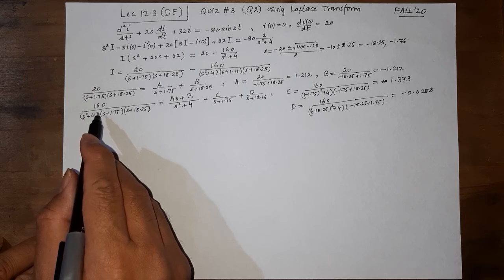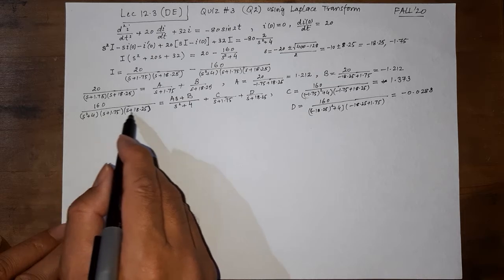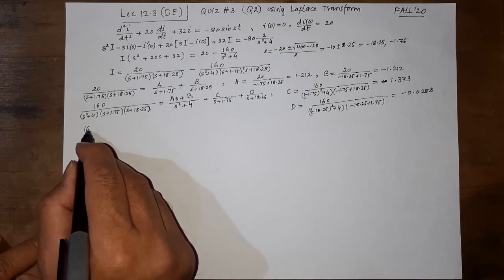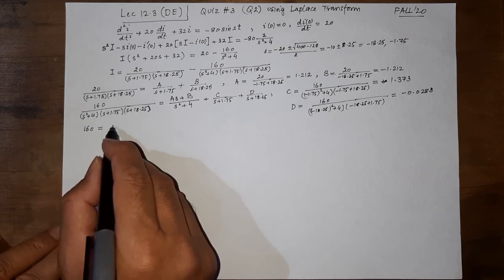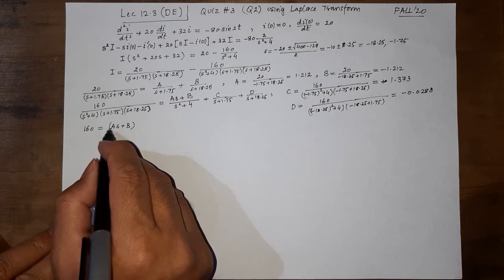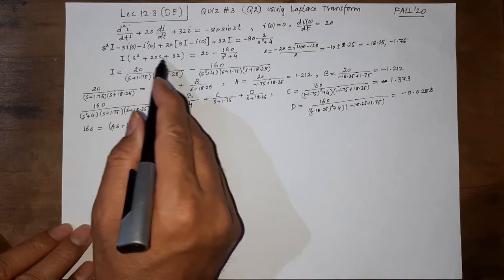So if we multiply throughout by this factor, we are going to get 160 is equal to as plus b. This term will cancel this term, and we get this thing, which actually is this thing.